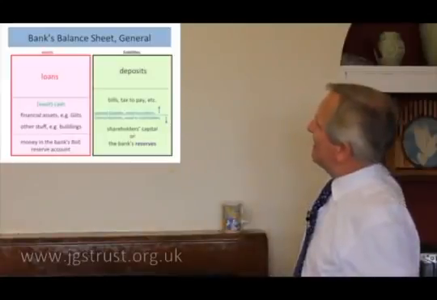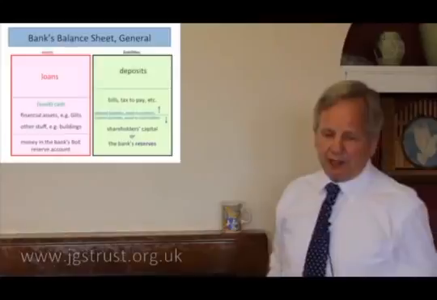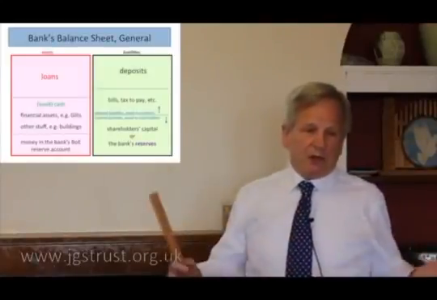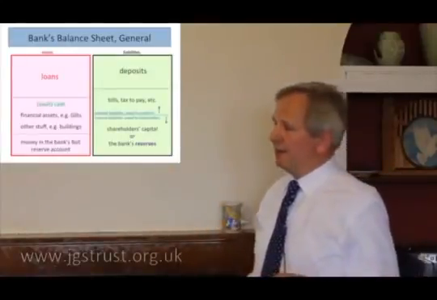Another asset to the bank is physical cash called vault cash. The bank does actually keep some notes and coins in its safe, in its vault, and that is an asset to the bank.